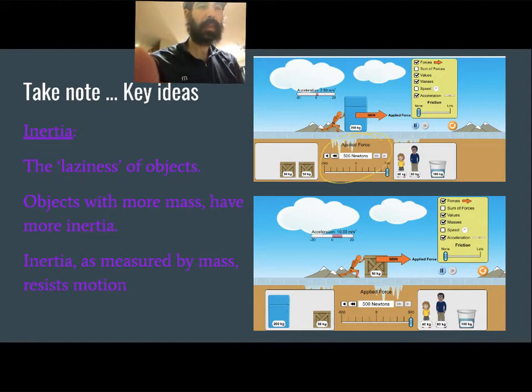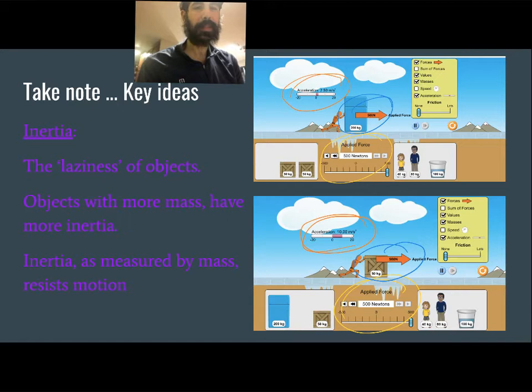The applied force is the same in both of these pictures, but the acceleration is really different. What do you think that tells you about the inertia of the refrigerator versus the box? Most importantly, consider how inertia applies to your lab from this week.